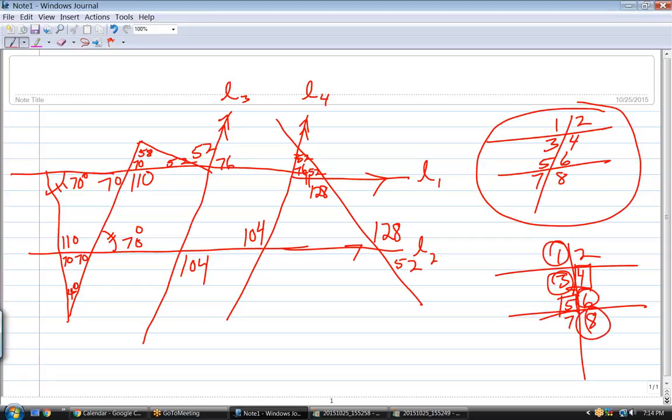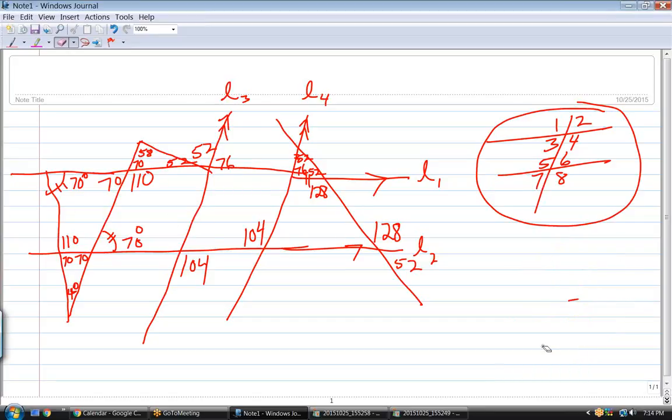So it is somewhat useful, but it's rare that you get this. Usually they draw the transversal at a significant angle, just like in this problem here. All of the transversals are at a significant angle, so it's real easy to figure out, well, one's acute, one is obtuse. Any angle you see that's acute is the same. Any angle you see that's obtuse is the same.